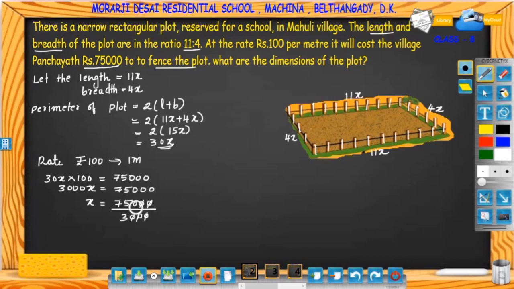3 zeros get cancelled. 3 ones are 3, 3 twos are 6, 1 remains, 3 fives are 15. So x is equal to 25.